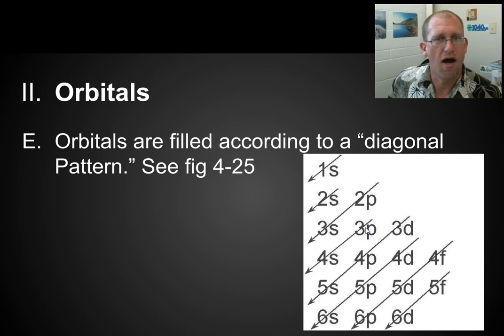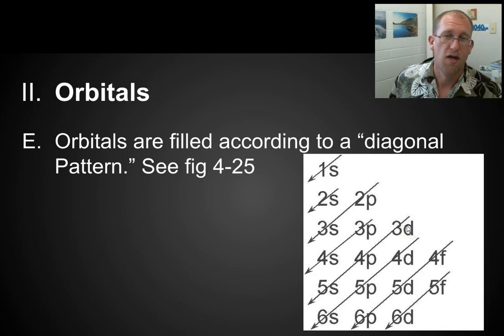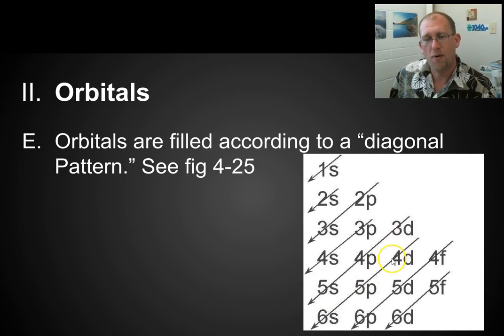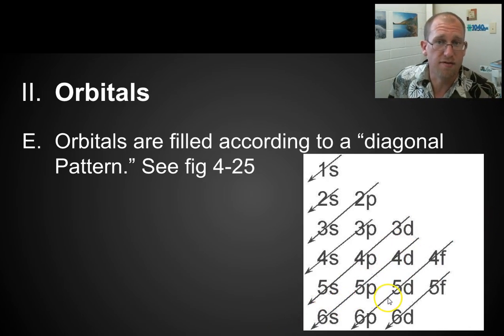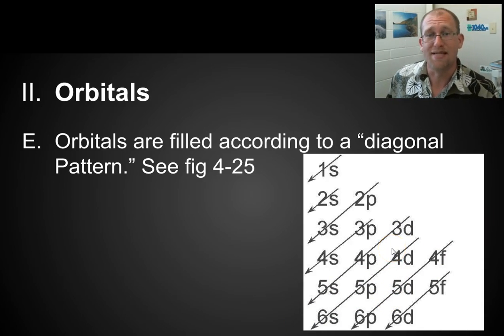Now, I said I was going to do element 27, I've got 11 left. I could put 10 of them here, but I'm not going to. I'm going to put 2 more here in energy level 4s. Then I'm going to go back, and I'm going to put my last 9 in 3d. Okay, so this diagonal pattern is how an element fills its energy levels. The periodic table does this for you, and we'll get to that next week.